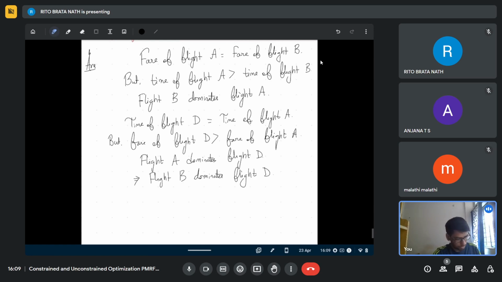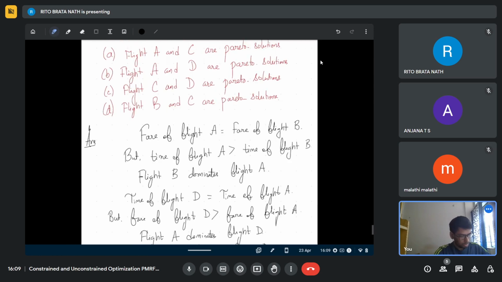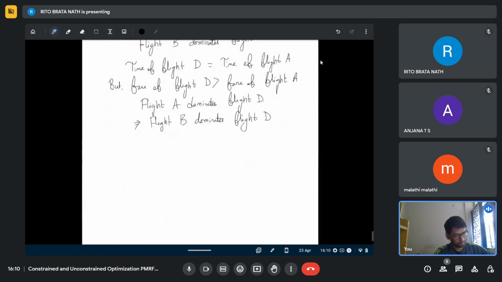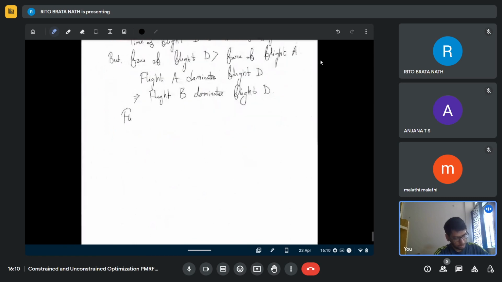Okay, so now flight C, the cost is cheaper than all the other flights, but the time is highest compared to all the other flights. So it's not dominated by any of the other flights because these are kind of conflicting in nature. So you can write that flight C is not dominated.